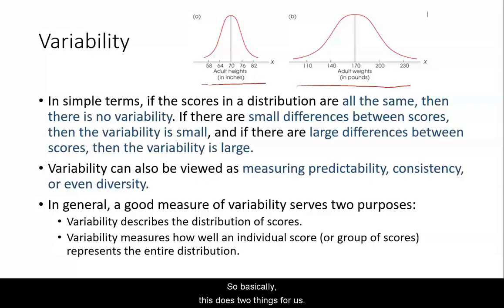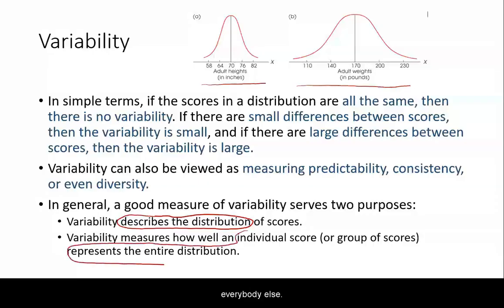So basically this does two things for us. It describes our distribution. So is it tall and skinny like in A, or shorter and spread out like in B? It also tells me how well an individual score represents everybody else.